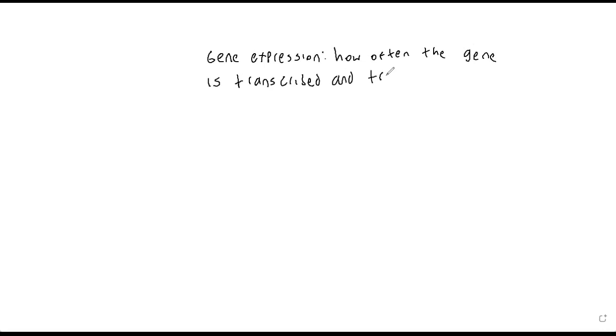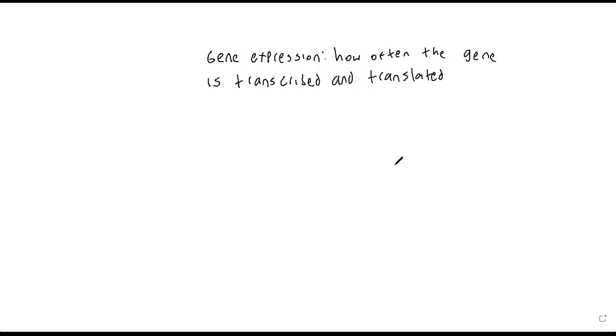We'll talk about those terms in a bit. So how often the gene is transcribed and translated. If we say that a gene is expressed often, that means it's read and transcribed and translated fairly often. So the protein is made often. If the gene is not expressed often, that means that it's not turned into a protein very often.